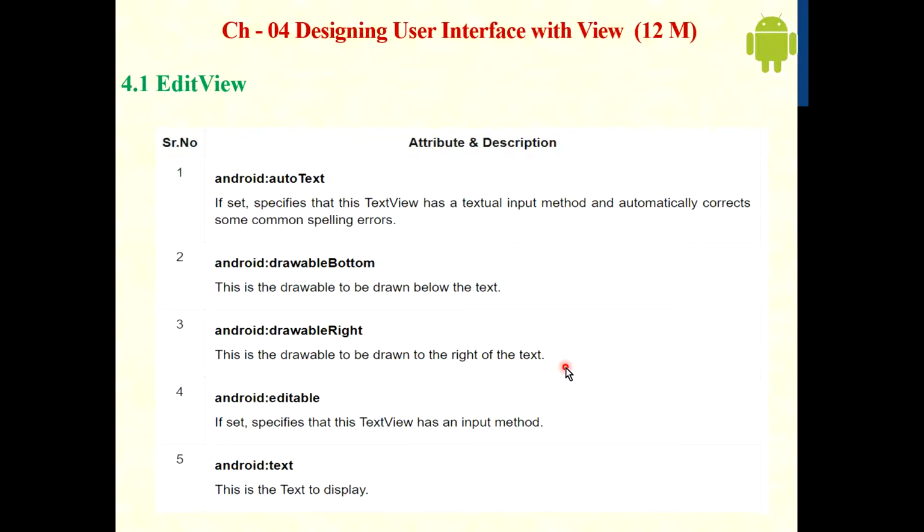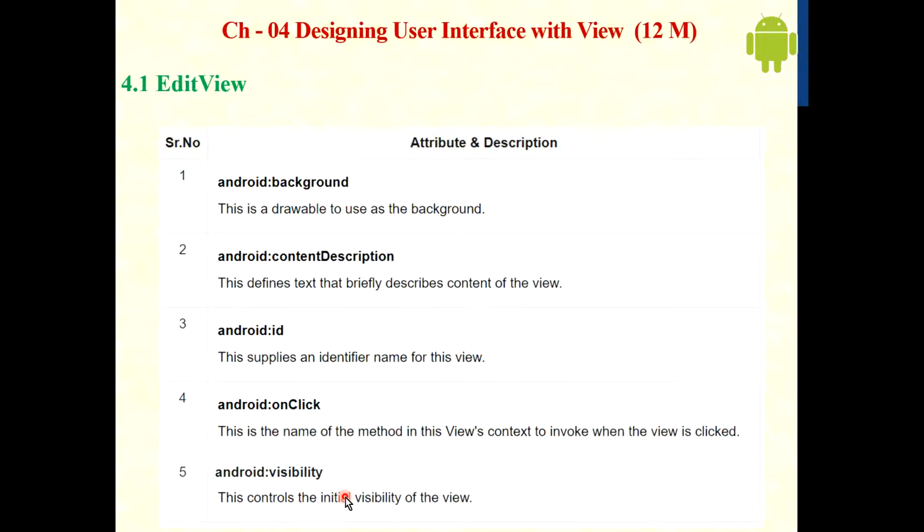Next attribute, android:editable. If it is set, then it specifies the text view has an input method. Next, android:text. This is used to display the text. Next one, android:background. This is the drawable to use as the background. To set the background, we use this attribute.